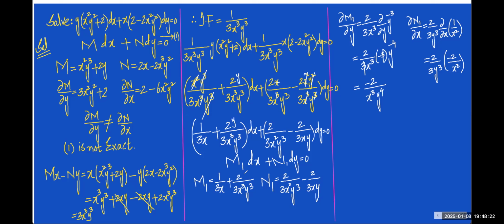Here also 2y will be there, so the term cancels and the square cancels. This is 2 by 3 x cube y square. Right? 2 by 3 x cube y square, remember that, clear?